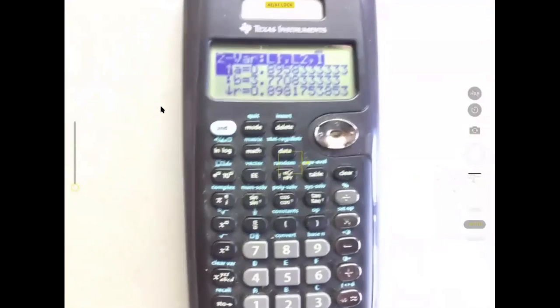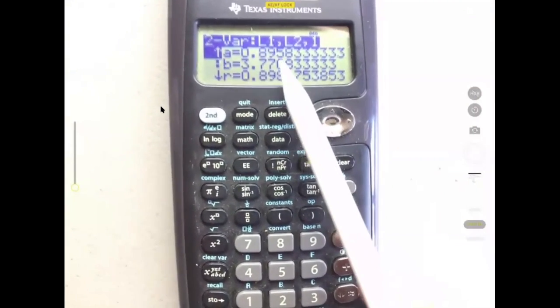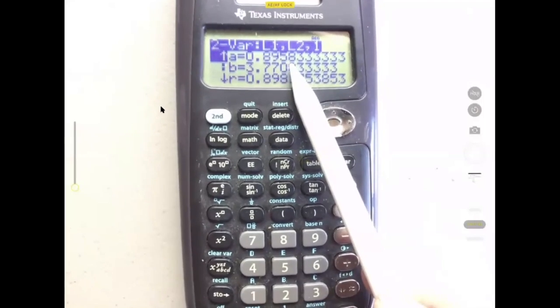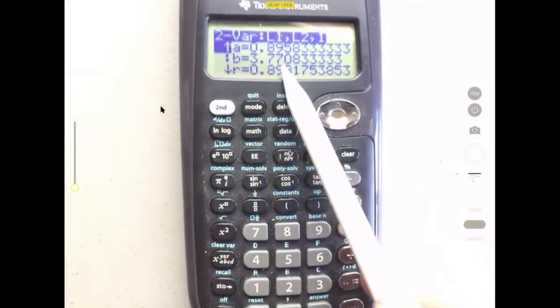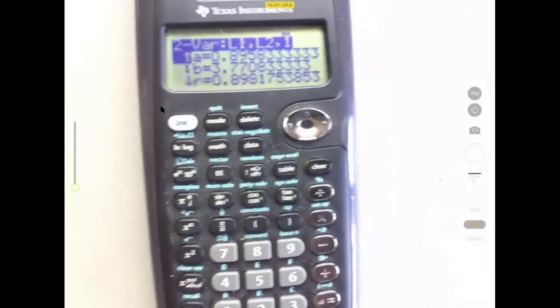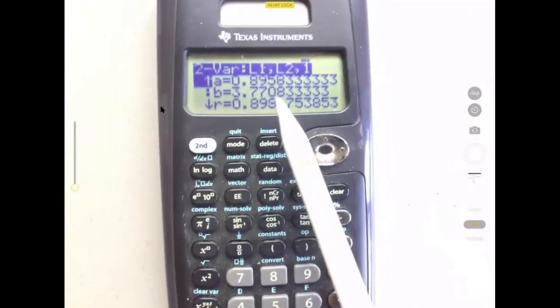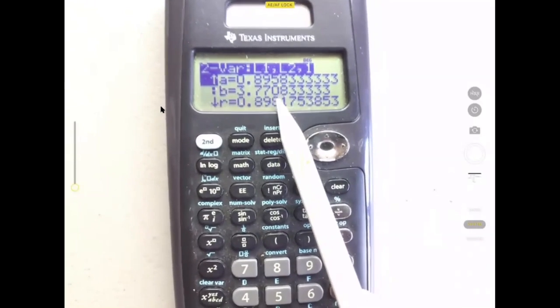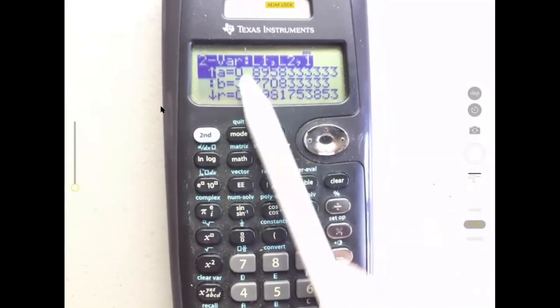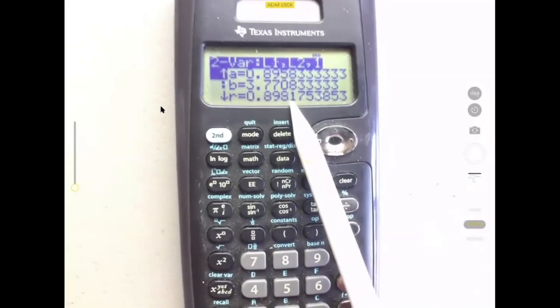Everything's exactly right here. 0.8982, 0.8958, and 3.771. Identical to what the calculator gives. So please don't ever compute these by hand again. On your homework, just key the x's in the first column, the y's in the second column, and a, b, and r will be here. Any questions?